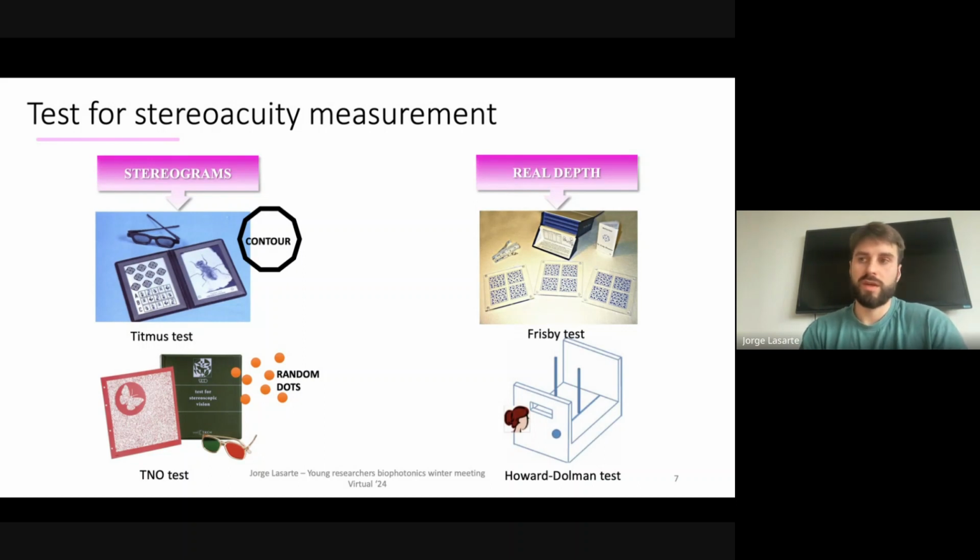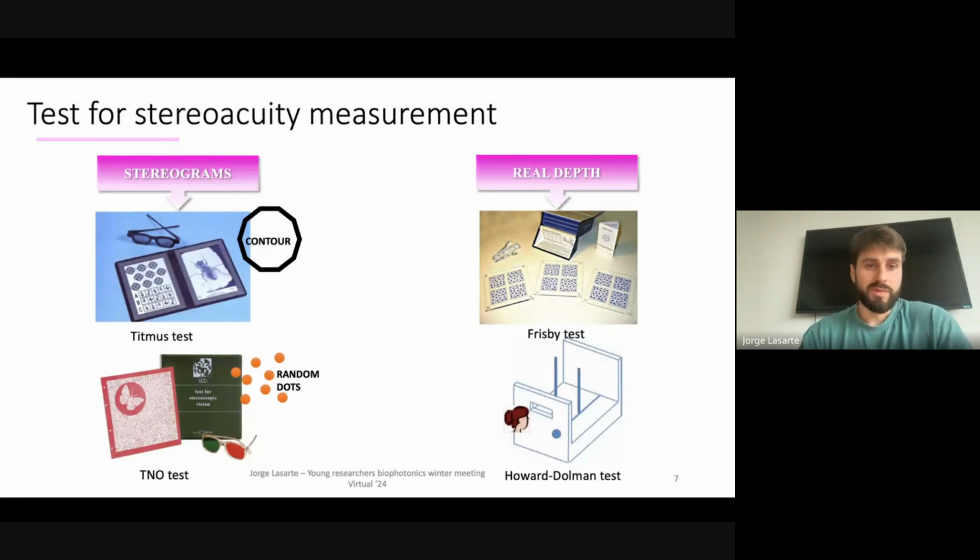But they present many issues, especially the Howard-Dolman test, that is considered to be the gold standard, cannot really be used with kids, and it's very bulky and not compact at all. So it's something that limits the ability of having that everywhere ready to use, like in a hospital environment.